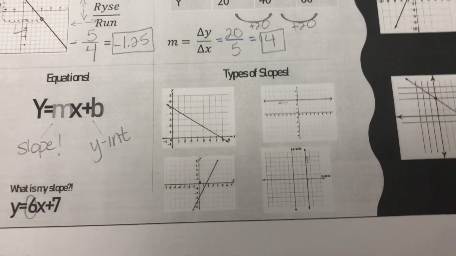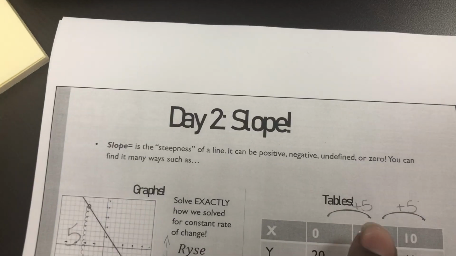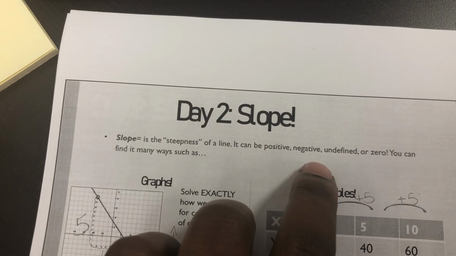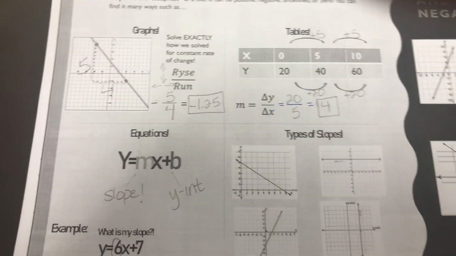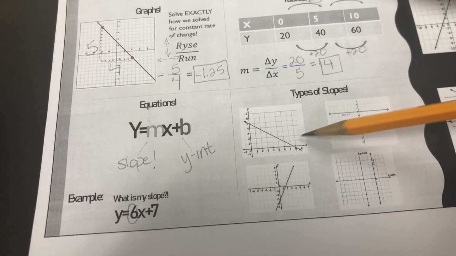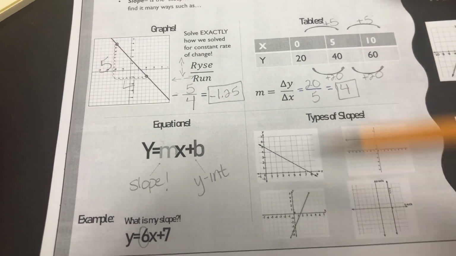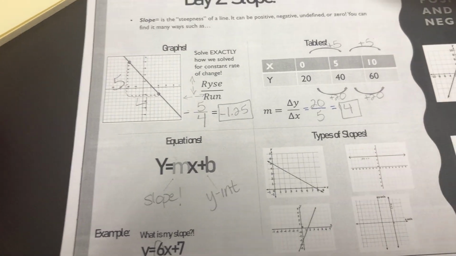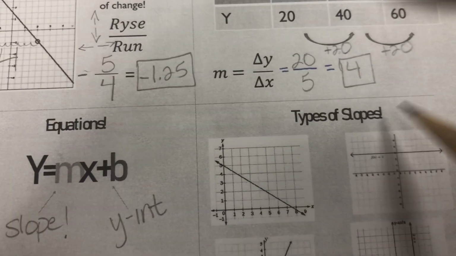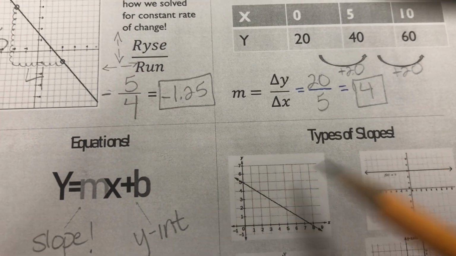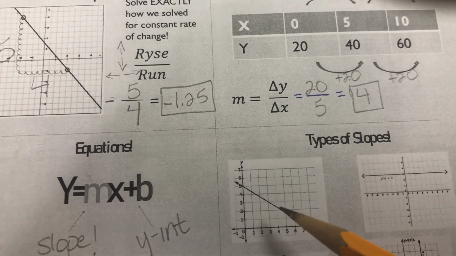Okay, and then here are our types of slopes. Like we mentioned up here, they can be positive, negative, undefined, or 0. If we look here, as far as our positives and negatives, y'all are pretty good at figuring those out. So with the whole looking left to right rule, as far as this top one right here, if we look from left to right, what's happening to your line?